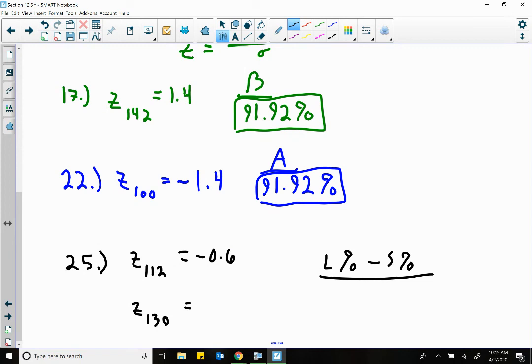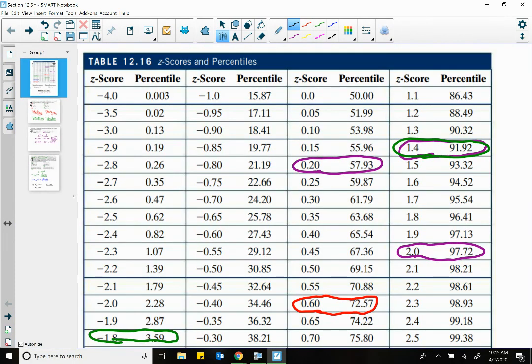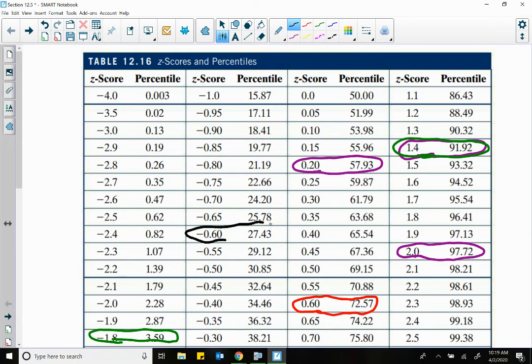We'll take 130 minus 121 divided by 15 gives us a positive 0.6. So this is obviously going to be the larger percent. This is going to be the smaller one. Let's go back to our chart and grab those. So a negative 0.6 is right here. A positive 0.6 is right there.